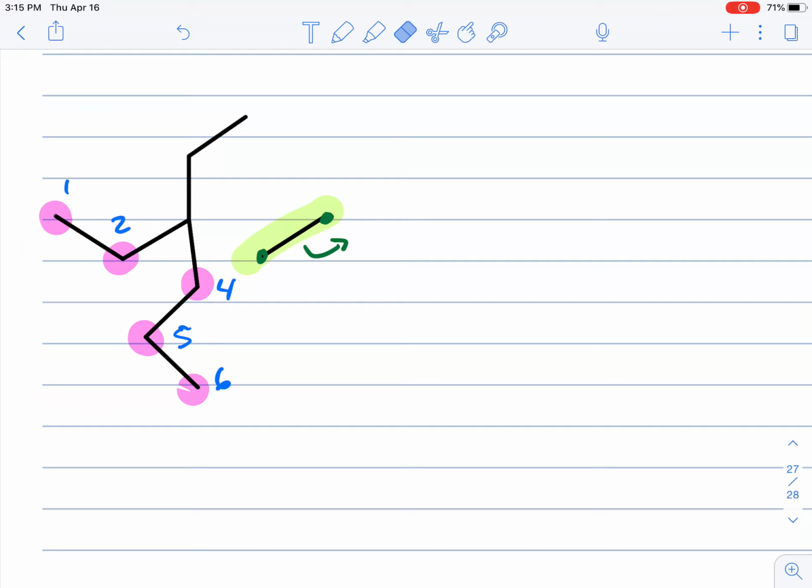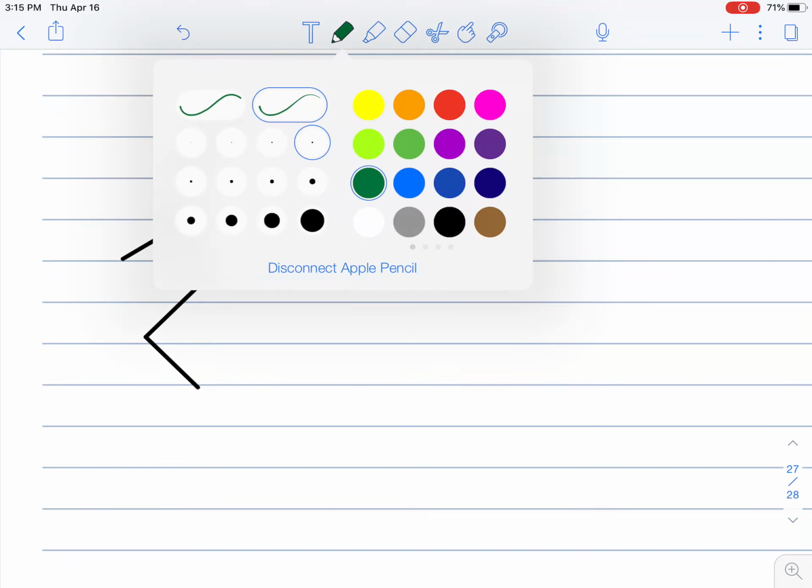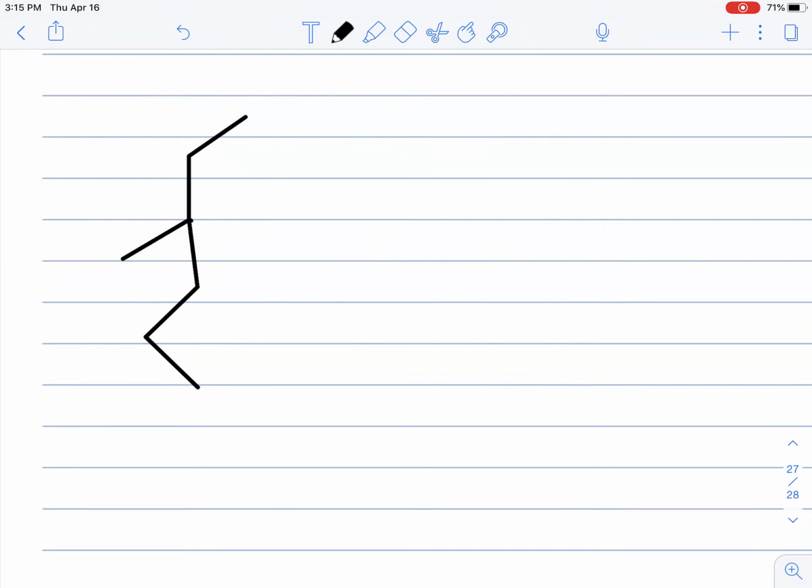Oh man, that's hard to erase. I'll just redo it, whatever.